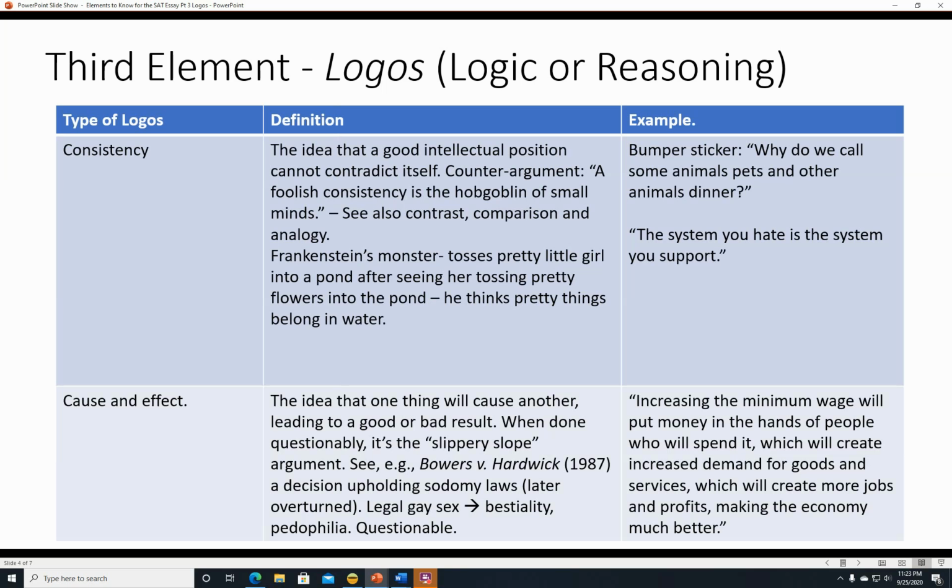It was a decision that upheld sodomy laws, which were later overturned in another case in the early 2000s. The idea is it made gay sex illegal. So the argument was basically that, well, if we make gay sex legal, then people who want to have bestial sex with animals or want to have sex with underage children, pedophiles, are going to demand the same right.